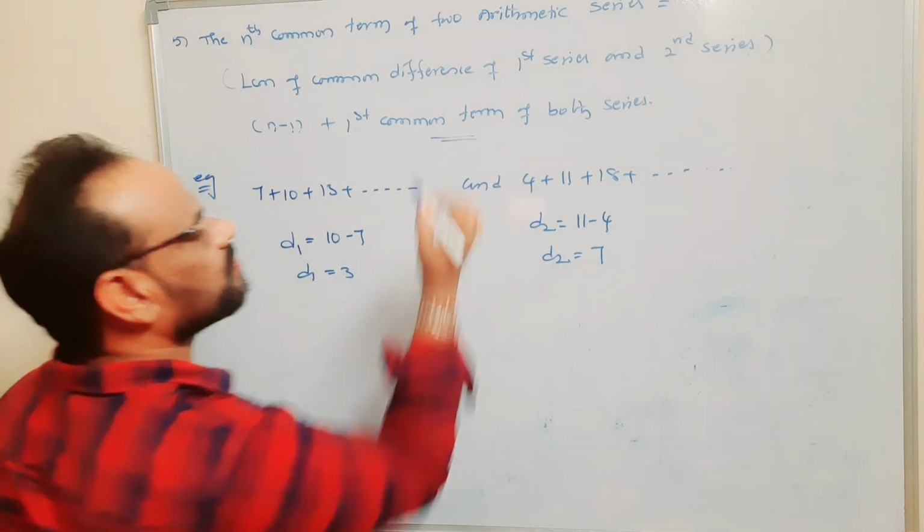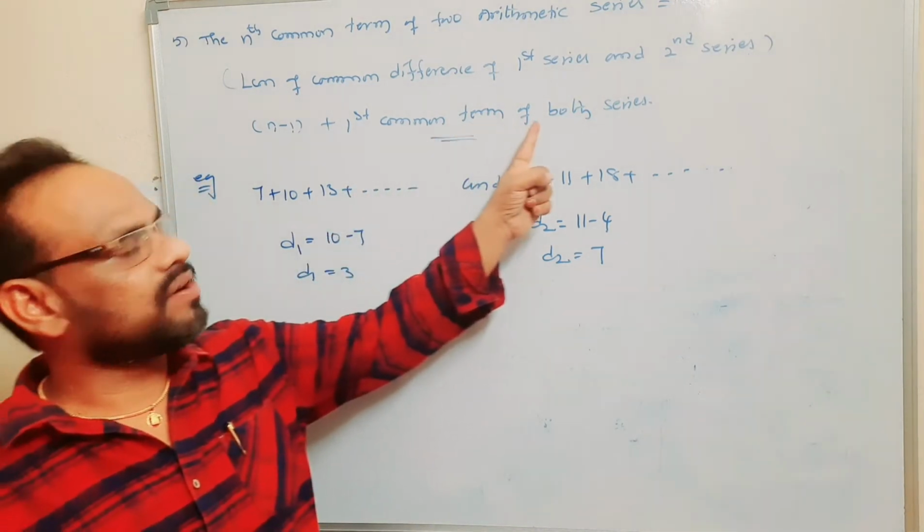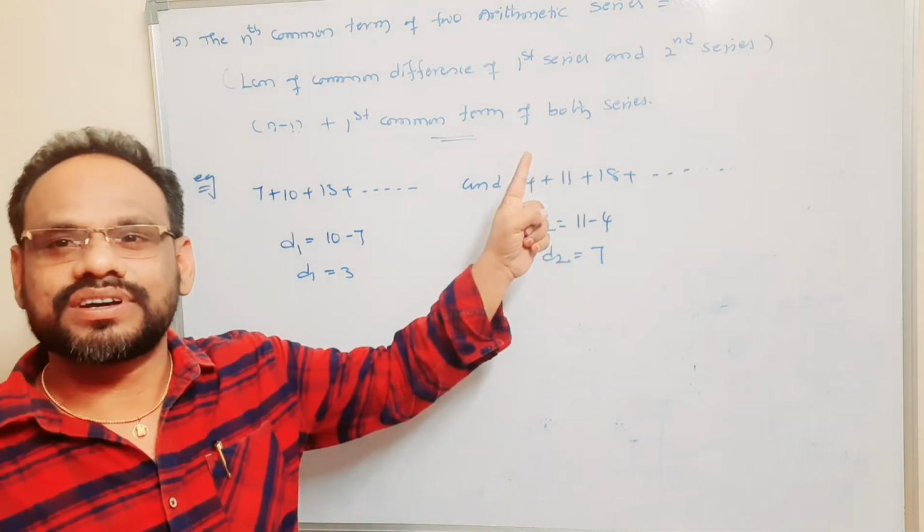We want the first common term of both series. How to find the first common term of both series?